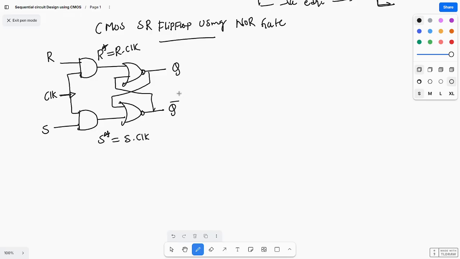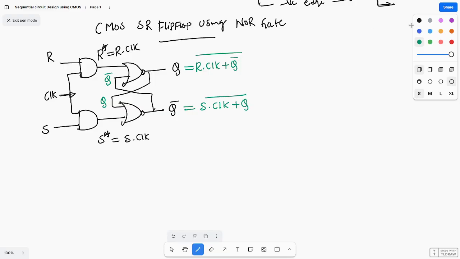The expression for output: Q equals (R and clock) plus Q bar, whole bar, and Q bar equals (S and clock) plus Q, whole bar.